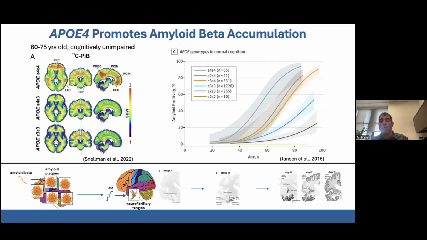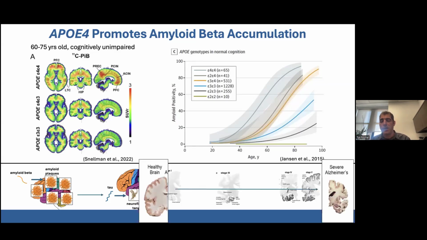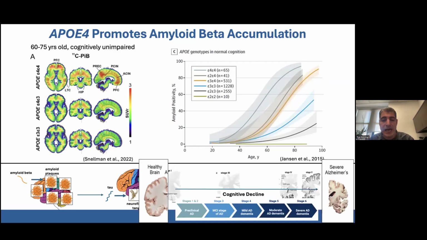So when we go back to our schematic of amyloid that then tips off the process of tau that then tips off the atrophy and the cognitive decline, it's really this amyloid part, this very early part, that is most affected by APOE4.